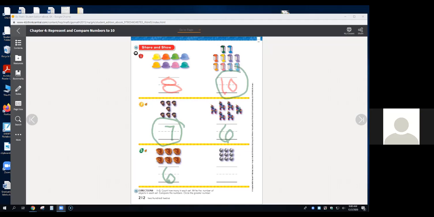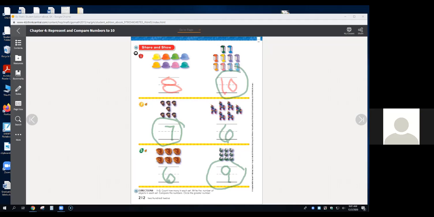Let's see. 1, 2, 3, 4, 5, 6, 7, 8, 9. Yes, Petra, good job. Now, Petra, which one is greater than? Which one's bigger, the 6 or the 9? 9. Yes, because it has more, right? Greater than means more. Thank you.